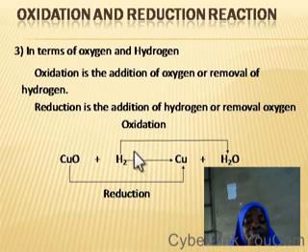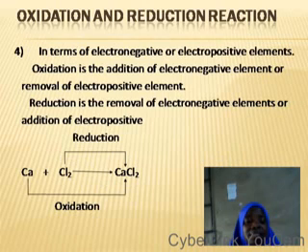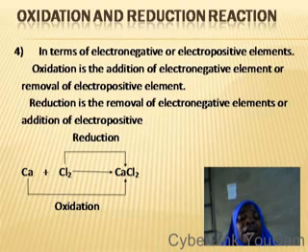And if you look at hydrogen here, the arrow to water, hydrogen is converted to water, it means that hydrogen has accepted oxygen. And if you accept oxygen, that is addition of oxygen, you undergo oxidation. While in copper, removal of oxygen, it undergoes reduction. So that is that.